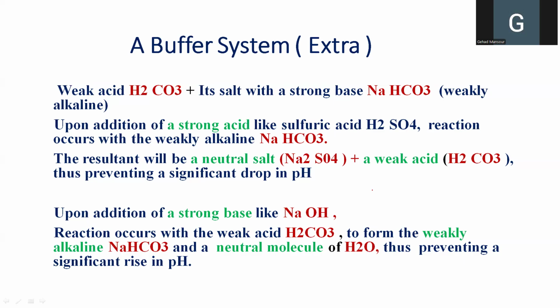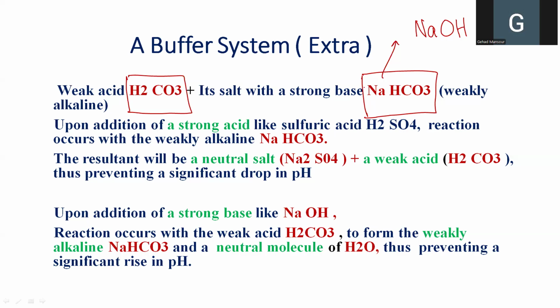Now, in the case of the carbonic acid bicarbonate system, we have a weak acid, which is carbonic acid, and its salt from a strong base, essentially sodium hydroxide. When sodium hydroxide combined with carbonic acid, it gave rise to sodium bicarbonate, which is the salt of a weak acid, carbonic acid, from a strong base, sodium hydroxide.